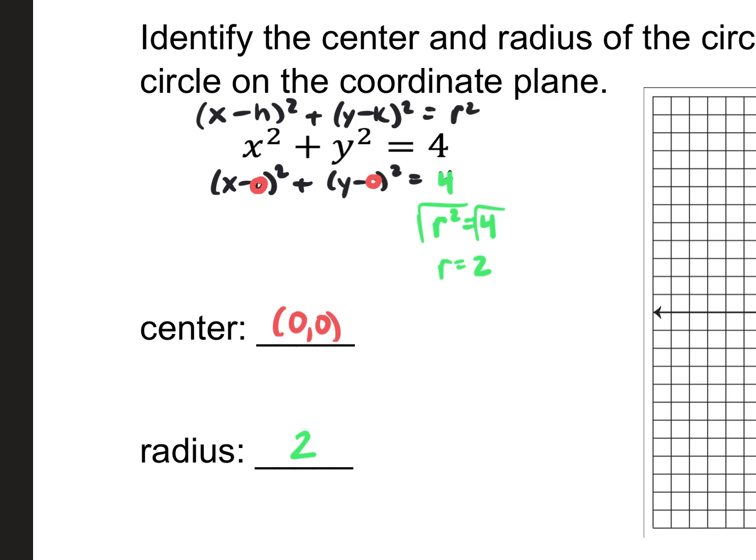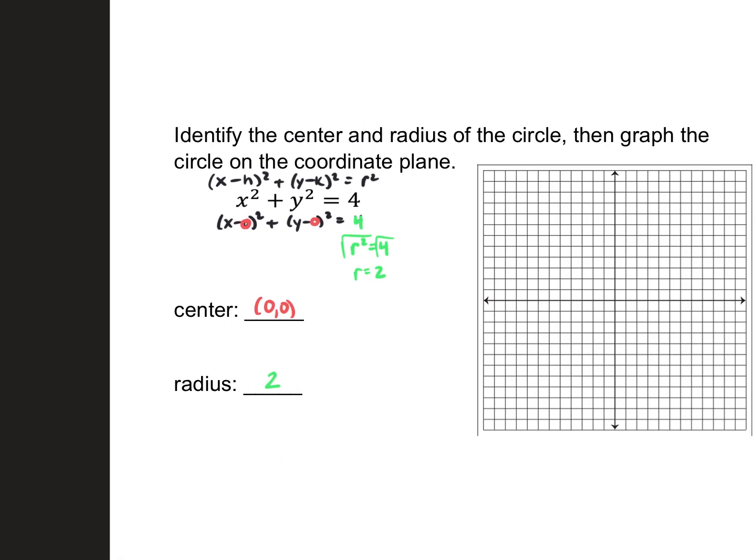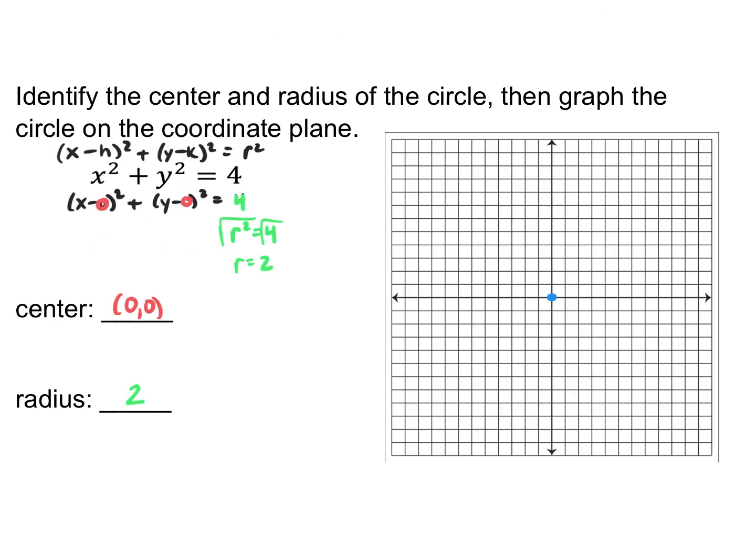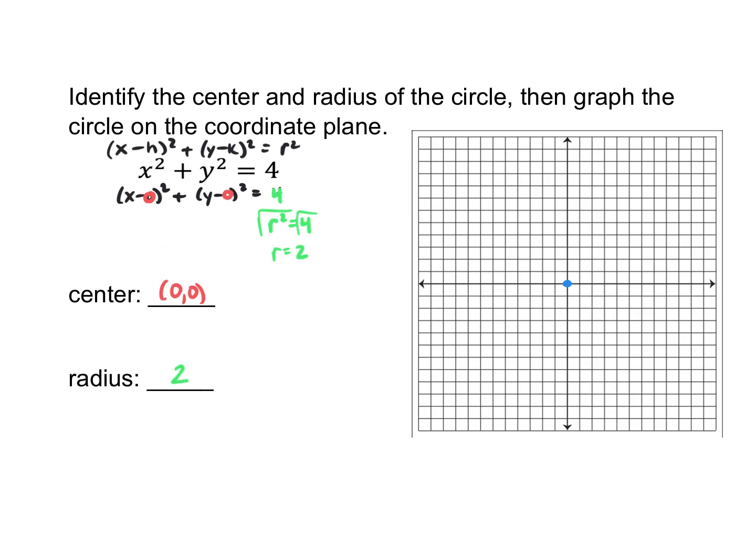When you go to graph this, you should graph the center first, so 0, 0, right here. And then after that, what I like to do is take the radius and count in the four directions, left, right, up, down, from the center, and count 2 units to find out where the edge of the circle is going to be.